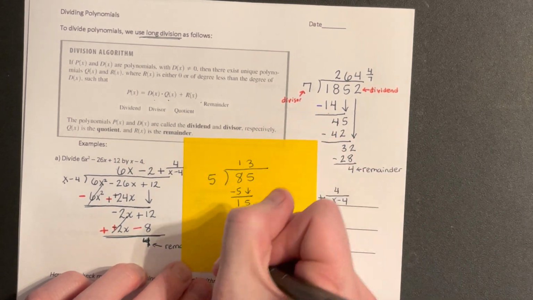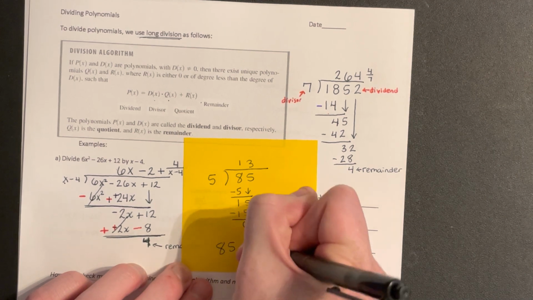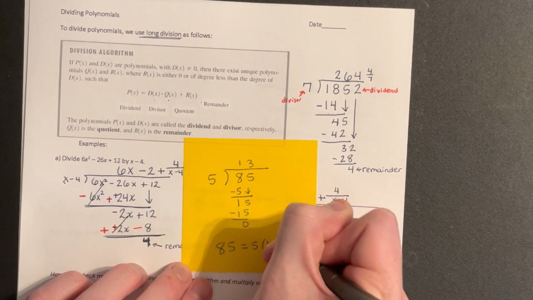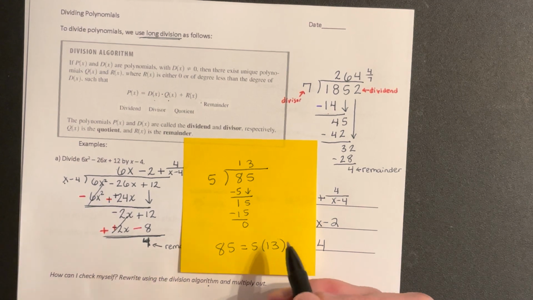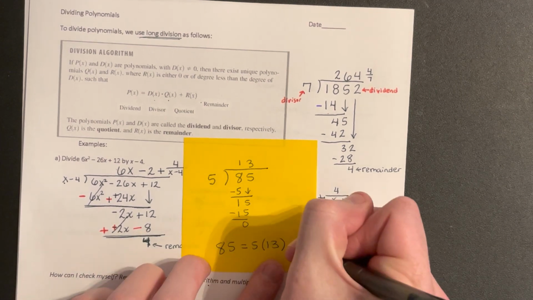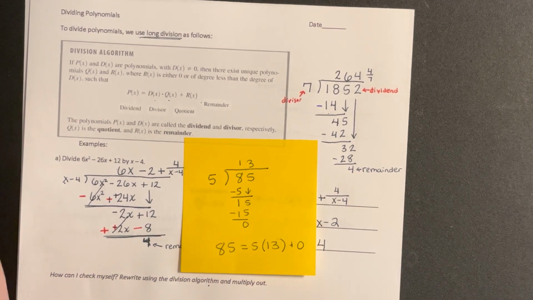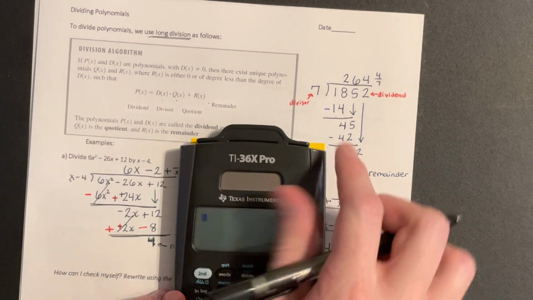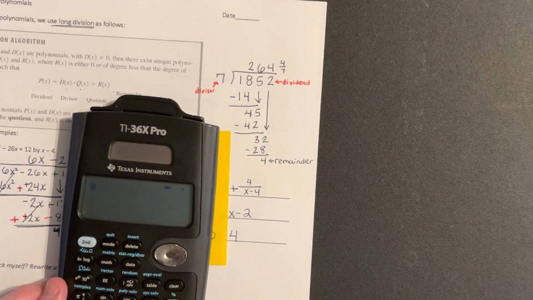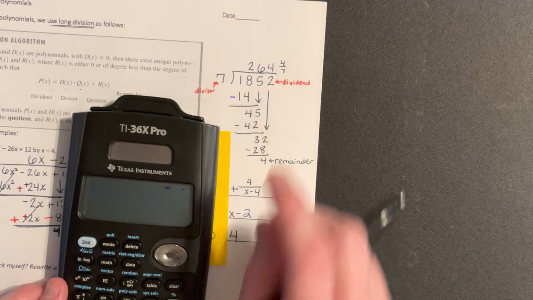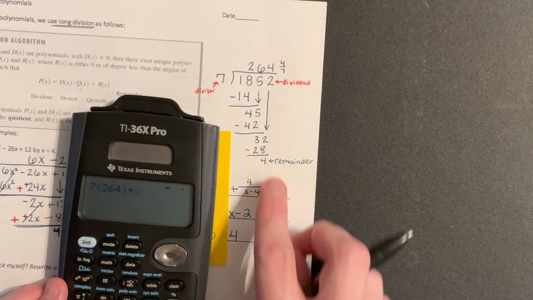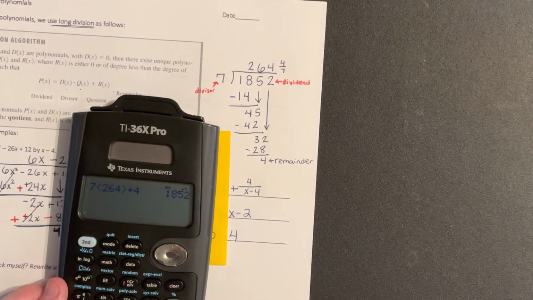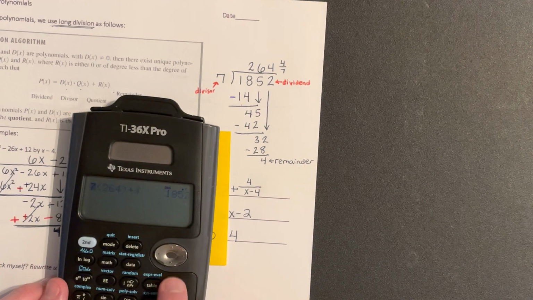So I know I could check that 85 is equal to 5 times 13, and I could check that in my calculator. If we had something that had a remainder, then we would just add the remainder on. Ours is plus 0. So let's do that with our regular number over here and check it out. 1852 should be 7 times 264 plus the remainder of 4. And it is 1852.